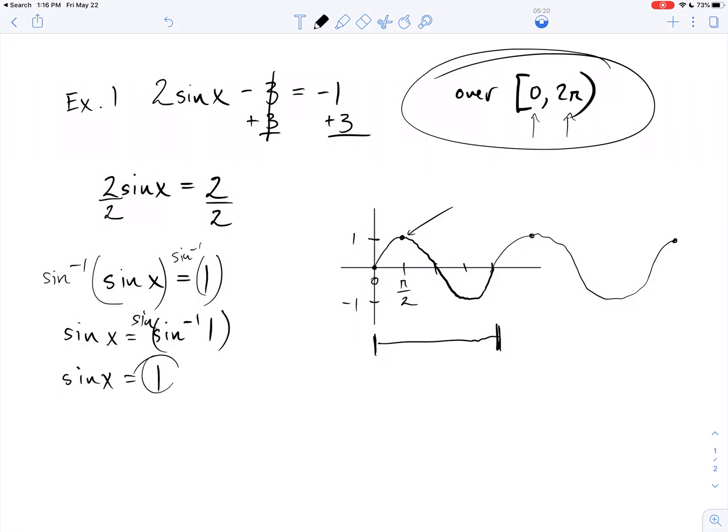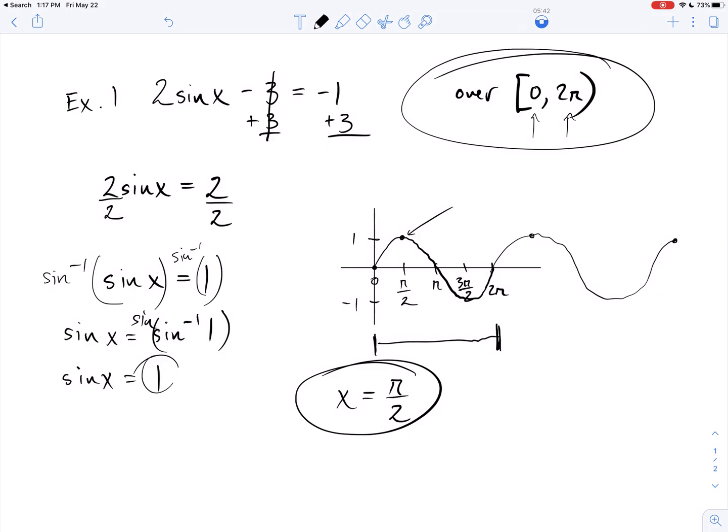So what would the answer look like in the book? They would say the answer to this question is x equals pi over 2. Because they want me to find all solutions that would make it true, but they only want me to look between 0 and 2 pi. So just a reminder, our sine graph looks like that.